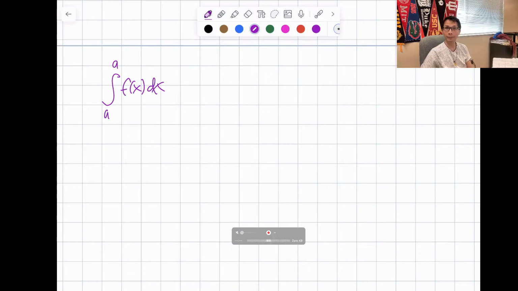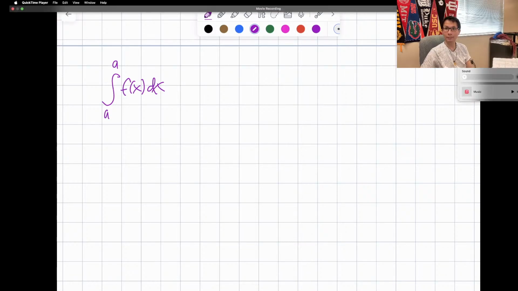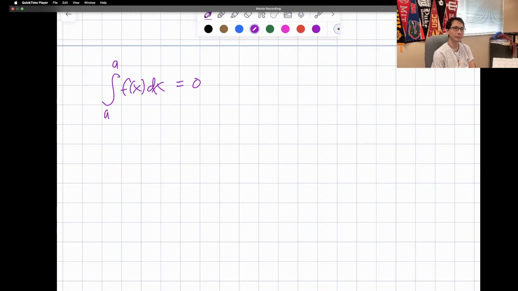So the integral from a to a equals what? 0, because there's no area under the curve. Okay?